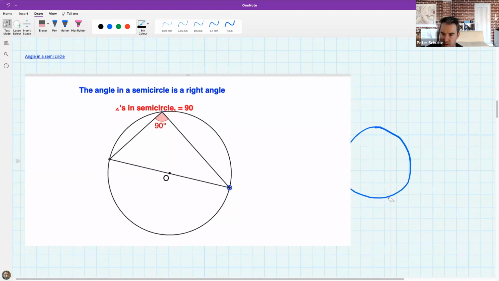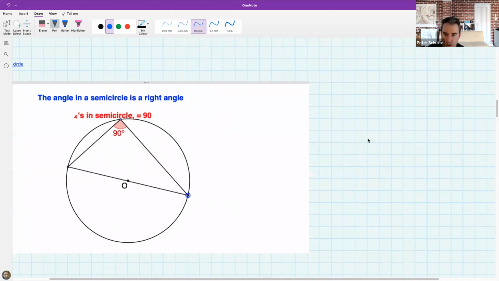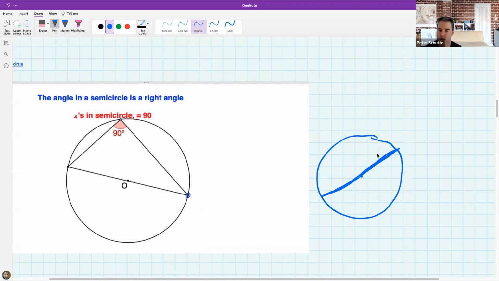I just want to see if I can do a little drawing to focus it for you. So here's a circle. If I draw a line through the center of my circle, what type of line is that? Tell me in the chat. Okay, it's called the diameter. Perfect. Now, if I subtend an angle at the circumference using the diameter, I would get this angle over here.